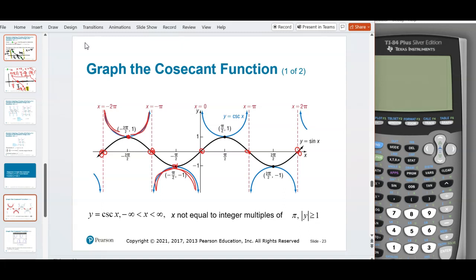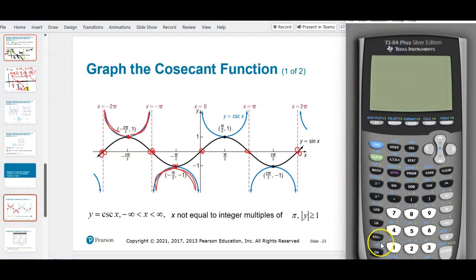So if you were to graph cosecant on the TI, there is no cosecant button, but what we can do is y equals 1 divided by the sine function. And just to get back in the regular window, I'm going to do zoom 7 for trig, so you can see those shapes. The sine curve's not there.